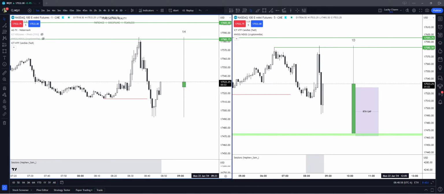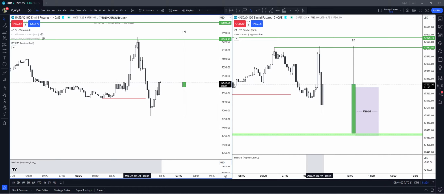So far, ES and YM are still heading higher. We have a bullish SMT.